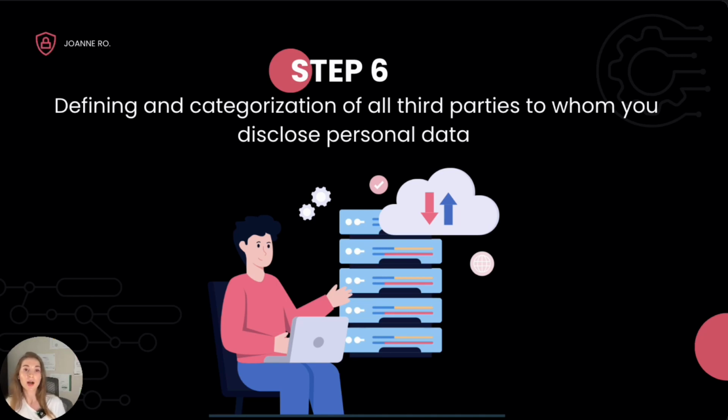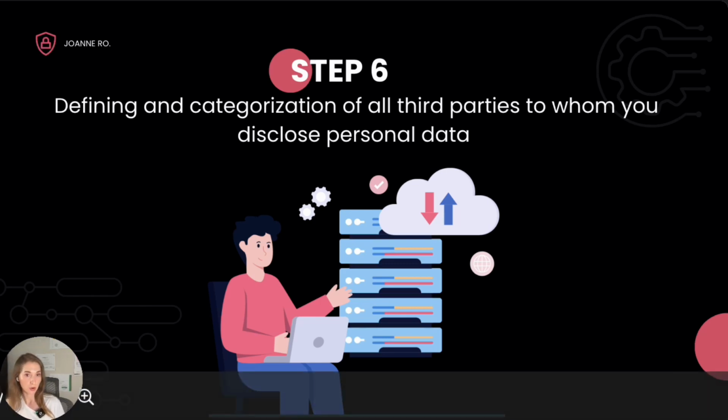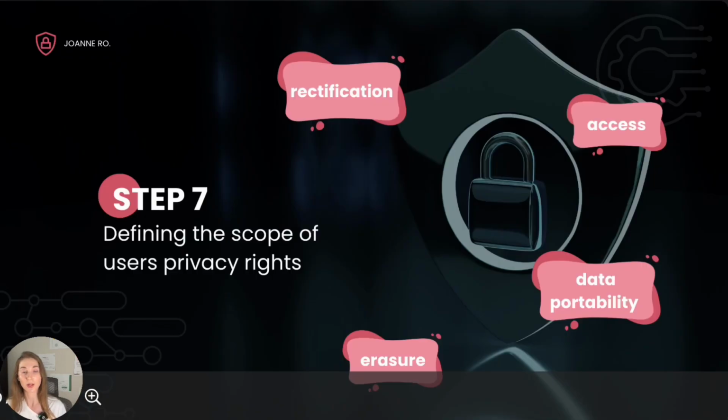Or for example, we can talk about a contractor whom you engage in your business operations, also to perform some actions on your behalf. In both of these cases, we will speak about these parties as third parties in the role of processors. So be aware to mention all of them in your privacy policy, and to be sure that your users or your website visitors are informed about all this information through your privacy policy as well.